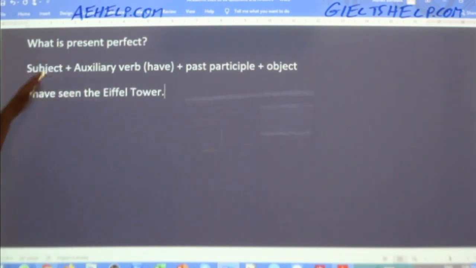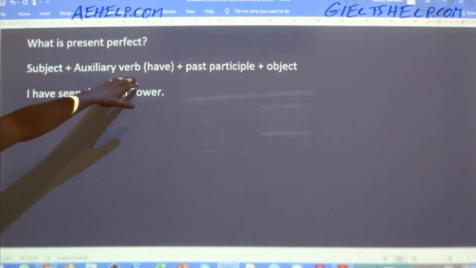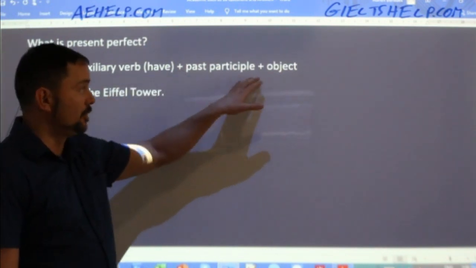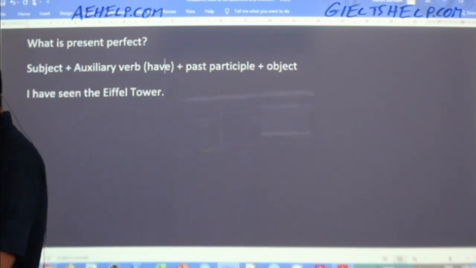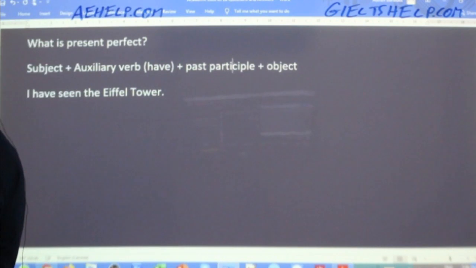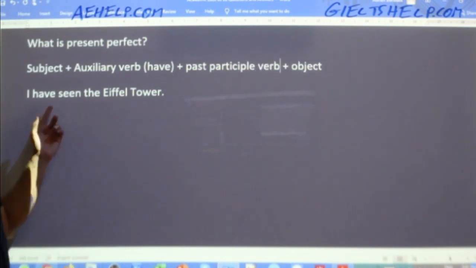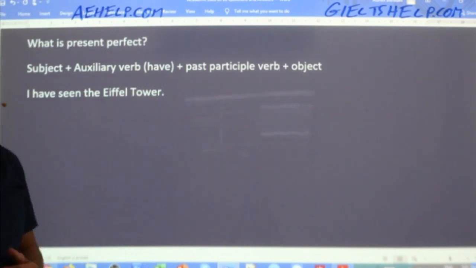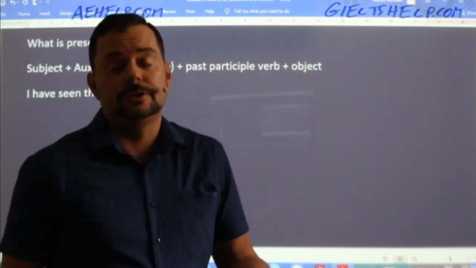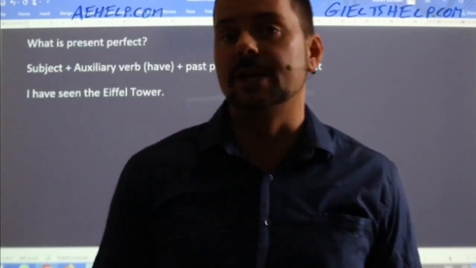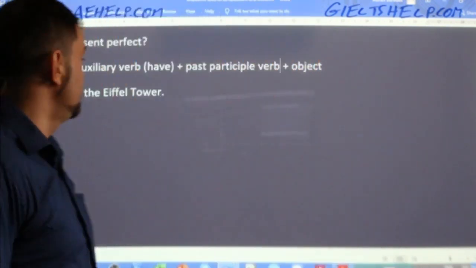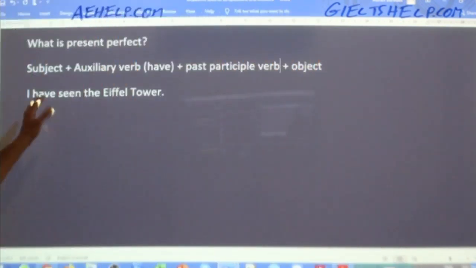It's the rule or the setup here for the grammar: subject, auxiliary verb have, past participle verb, and the object. Okay. A simple example is, I have seen the Eiffel Tower. Nice. Okay, so you learned the structure, you learned what it is, and you even see the how here, so how you can have an example of it.